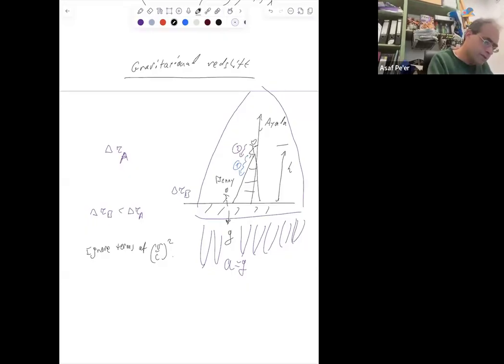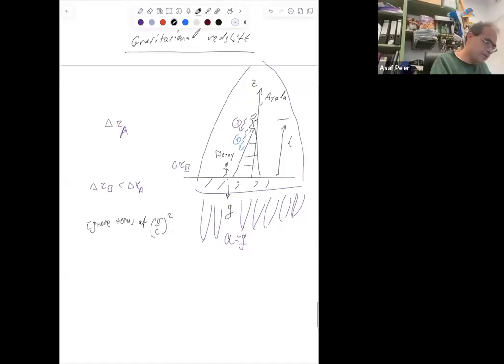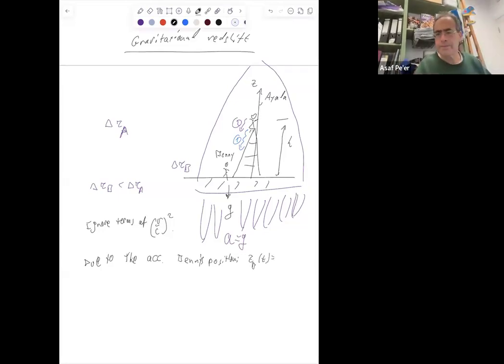So the position, since everything is accelerating, due to the acceleration, Benny's position in the z-axis, z Benny. What is that?